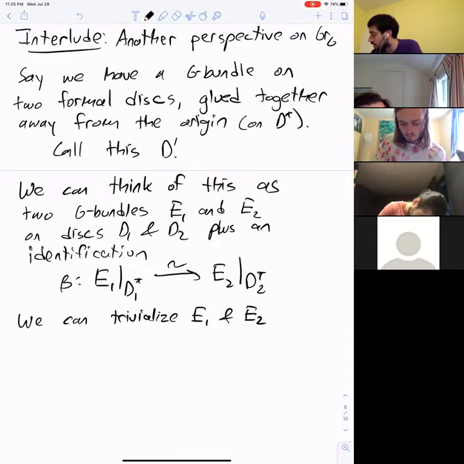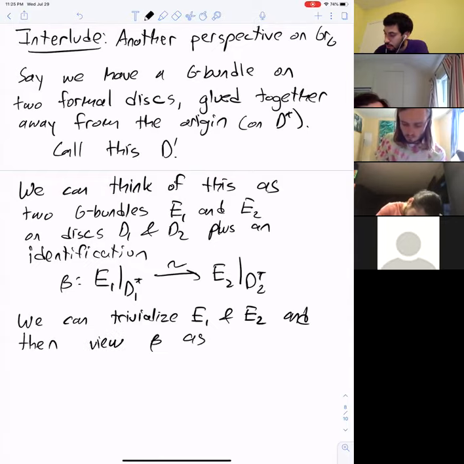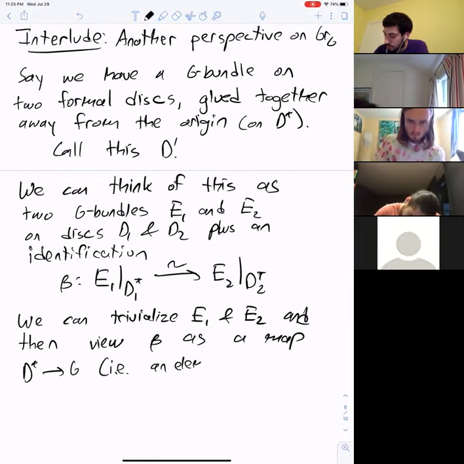So we can trivialize E1 and E2 and then view beta as a map from the punctured disk to G, i.e. an element of GK, as we talked about at the very beginning when we were dealing with notation. That's the functorial perspective, but we can just say a map from D star to G is the same as an element of GK.